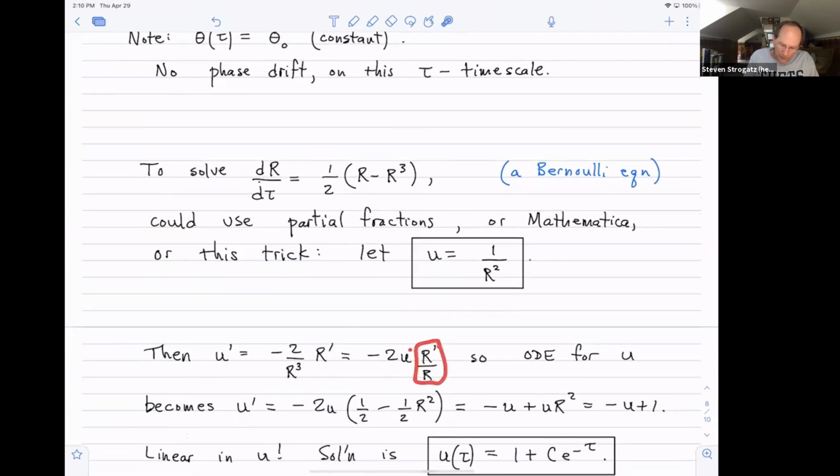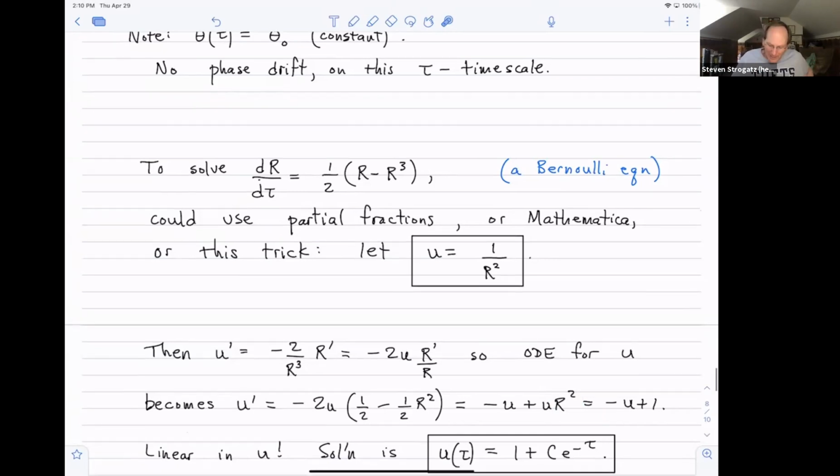The r prime over r gives me a half minus a half r squared. But that's rewriting r squared as 1 over u. This becomes negative u plus 1. So I'm doing it fast, but the point is you convert the equation to something linear in u. So then you can instantly write down the answer.